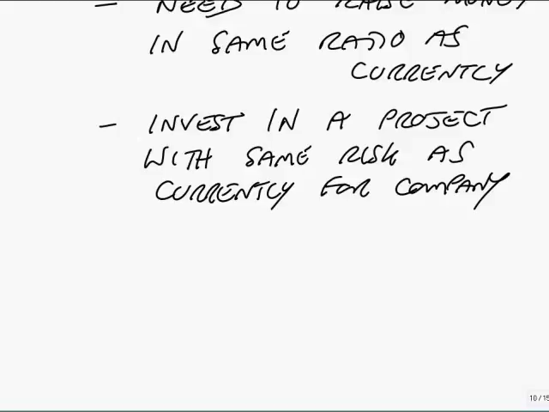It is only valid to use the weighted average cost of capital to appraise a project if, first of all, the level of gearing stays unchanged. We agree? And if the new investment has the same risk as the existing activities of the company. Okay? For heaven's sake, learn that.